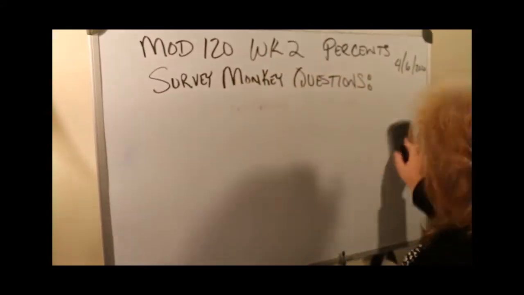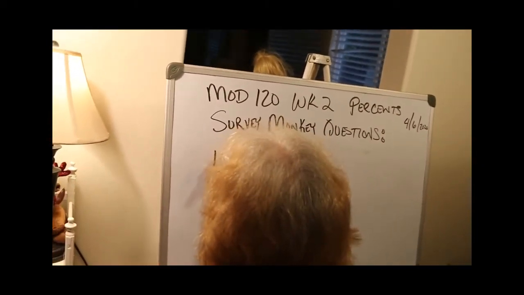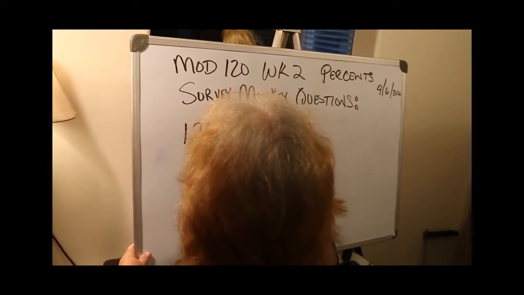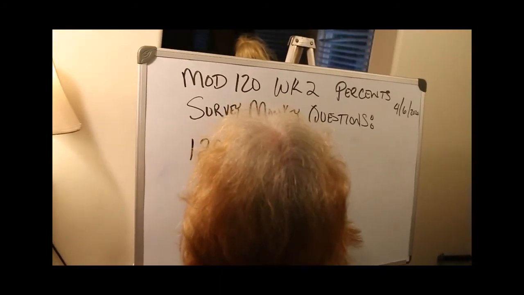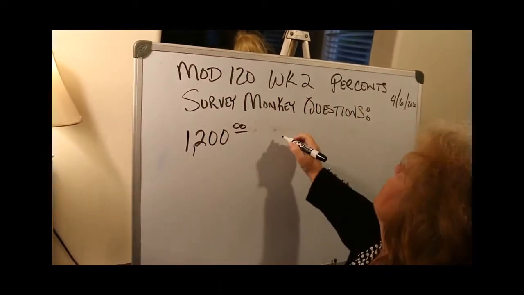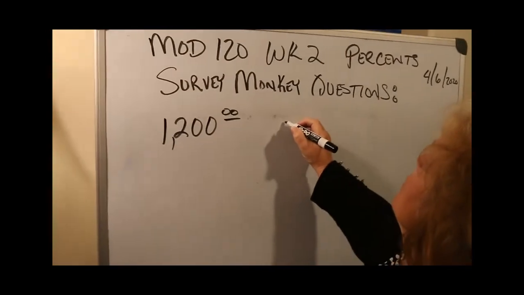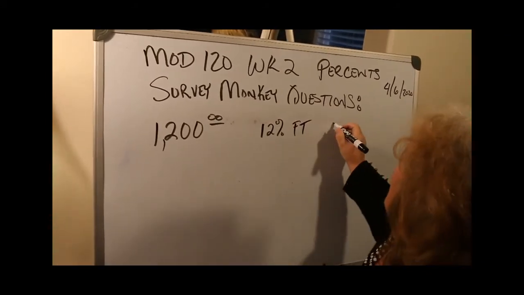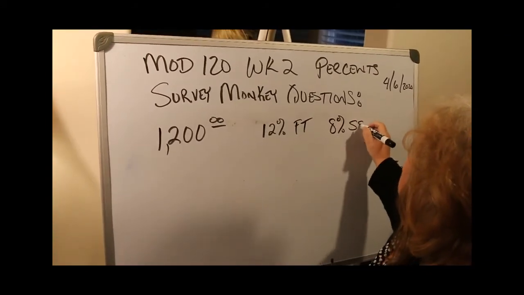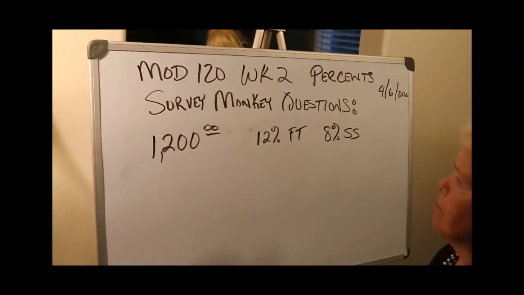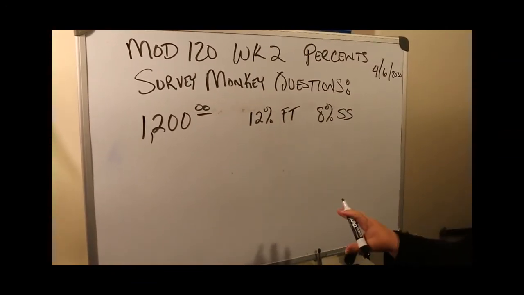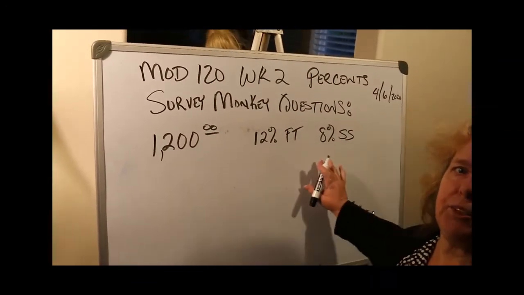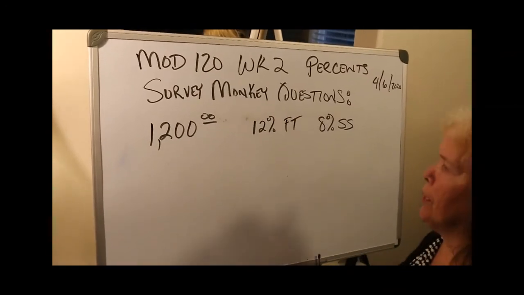All right, let's do a payroll. All right, John got paid $1,200. Okay. He has to pay 12% federal tax and 8% Social Security. Okay. So we have to figure out what he's going to pay in federal tax and Social Security. So there's a couple of things we're going to need to do here.